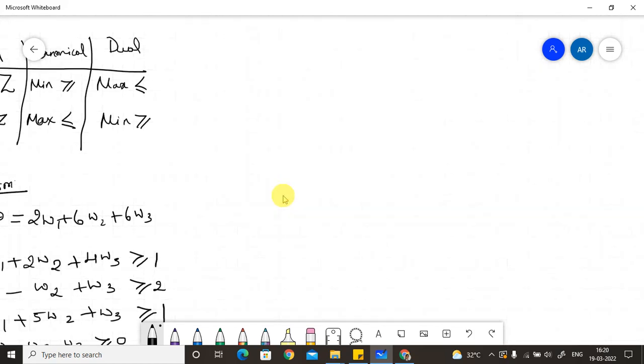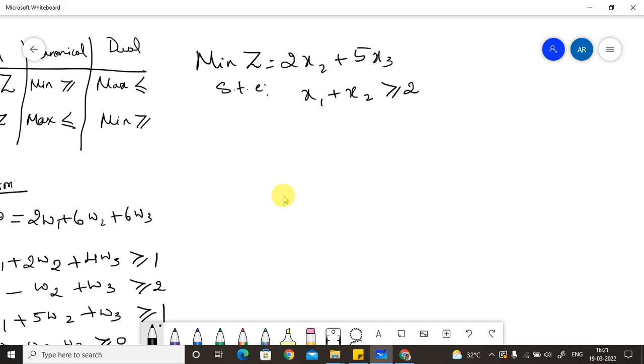So let me consider the second problem as a minimization problem. Let us solve it. I'll write it as minimize z equals 2x2 plus 5x3, which are subjected to constraints x1 plus x2 greater than or equal to 2, 2x1 plus x2 plus 6x3 less than or equal to 6, then x1 minus x2 plus 3x3 equal to 4.